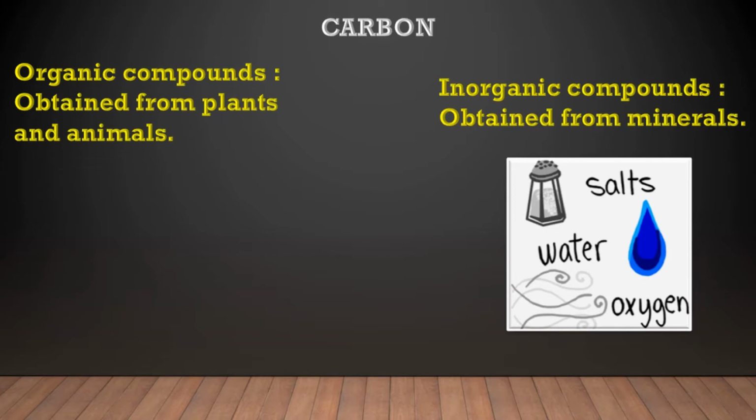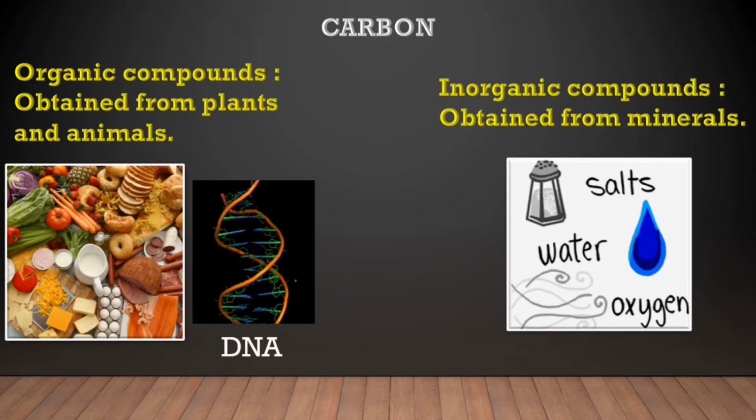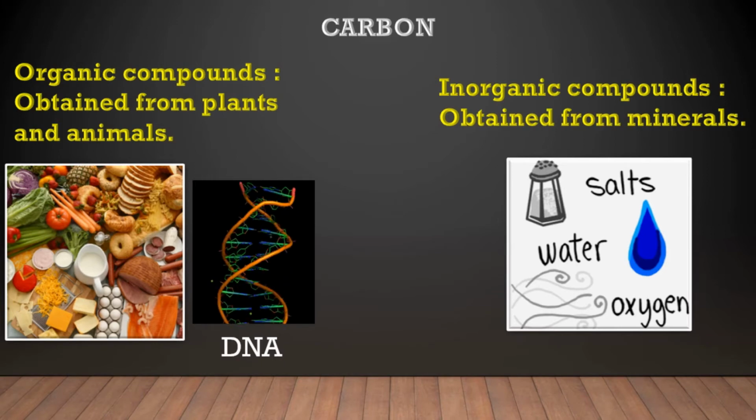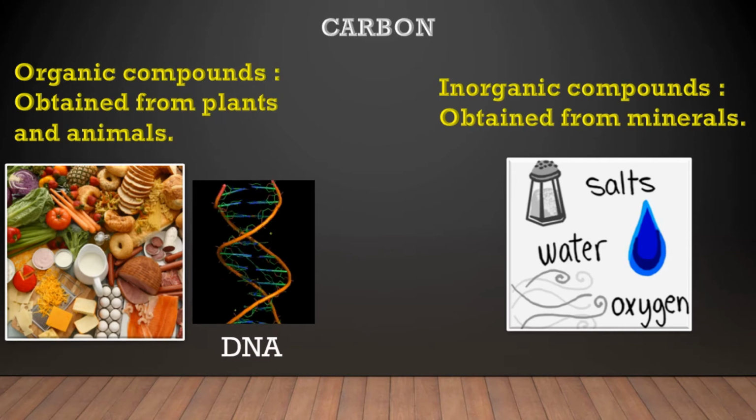All the organic compounds contain carbon. Carbon is the main element even in cellular DNA and RNA that transfer hereditary characteristics from one generation to the next.